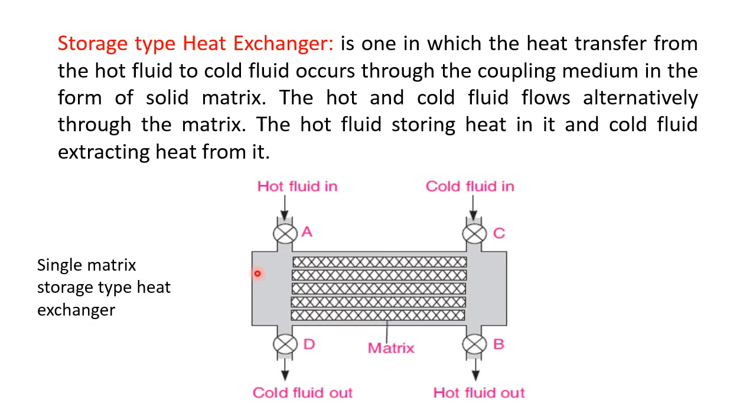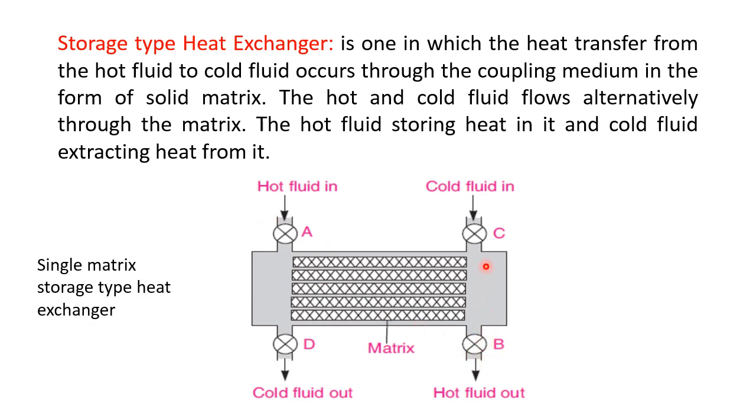Here you can see the circles with cross marks. These are called the walls. Initially, wall A and wall B are kept open.